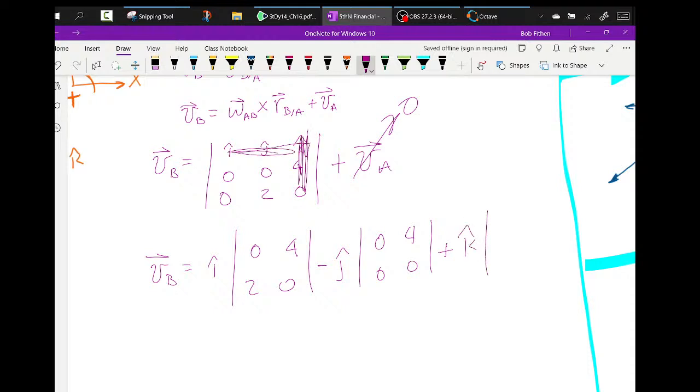X out, take this matrix and put right here, look for the determinant of these things. And your first one, 0 minus 8I, 0, 0, 0, 0. So there's your velocity of B.